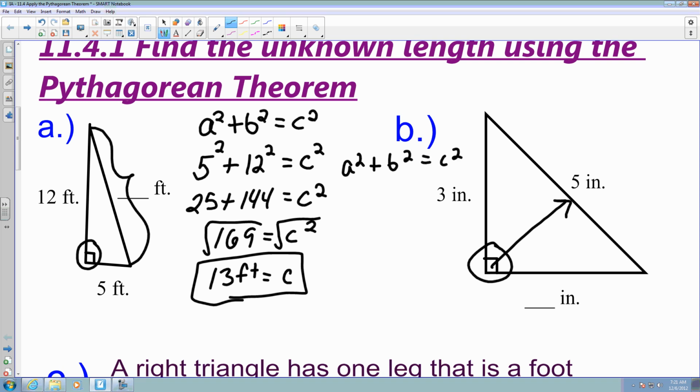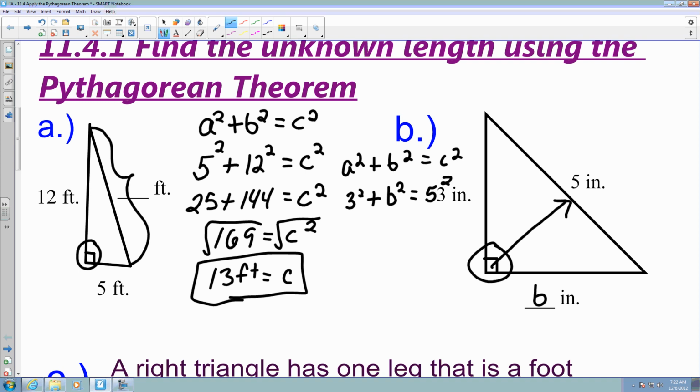What I'm going to do is, this is going to be my B. I don't know what B is, but I know my A is going to be 3, so I'm going to write 3 squared plus B squared equals, and my hypotenuse here is 5, so we have 5 squared.